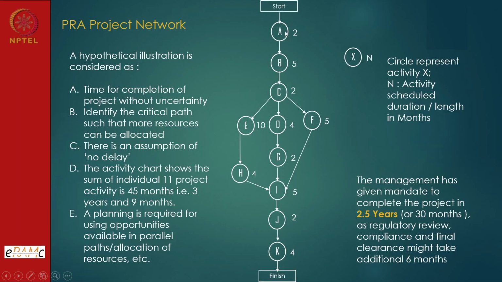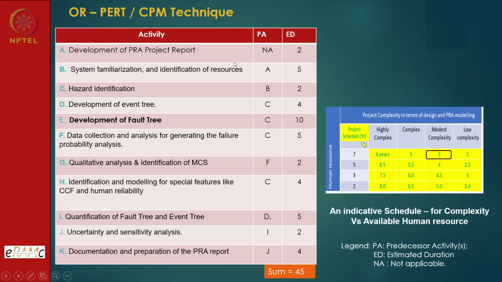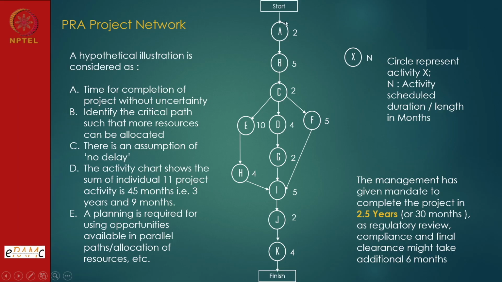Now using this we have prepared this PERT CPM chart. Activity A is the time for completion of the project without uncertainty. A means development of project report. It takes 2 months.